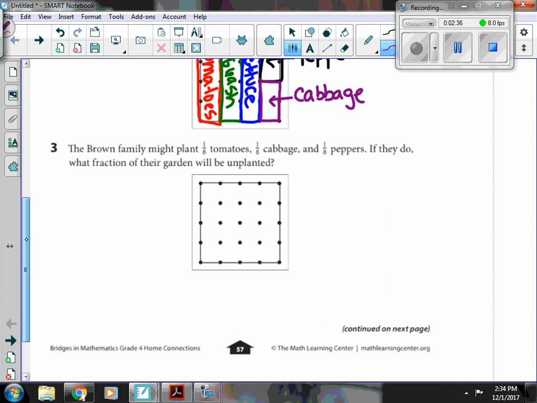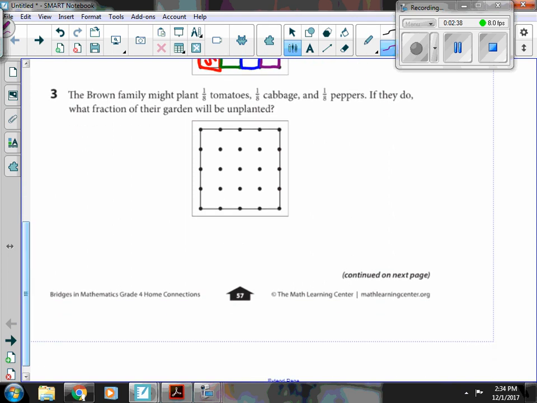Number 3, the Browns family might plant 1/8 tomatoes, 1/8 cabbage, 1/8 peppers. If they do, what fraction of their garden will be unplanted?